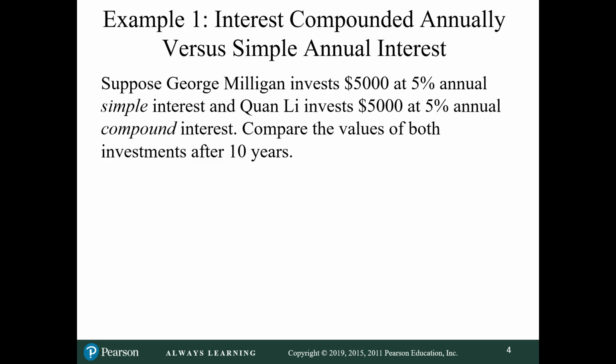Suppose George Milligan invests $5,000 at 5% annual simple interest, and Quan Lee invests $5,000 at 5% annual compound interest. Compare both values of the investments after 10 years. Simple interest is this.